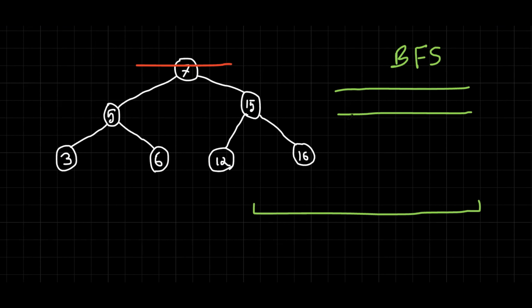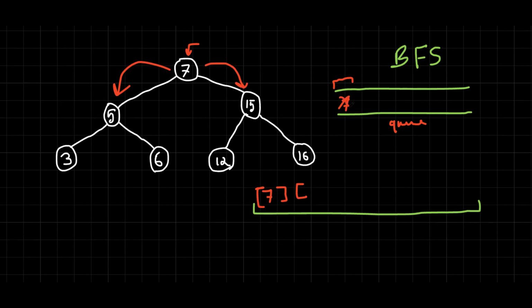Now to understand the BFS algorithm, let's take a queue. Initially, we start the iteration from the root node, which is 7. For the first level, it has only one node, 7, so we take the 7. Now 7 has two children, one left and another right, which are 5 and 15.